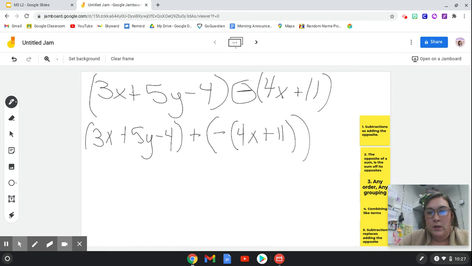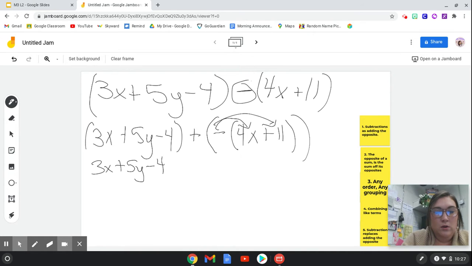Okay, so now that I have that, I have to go through and distribute my negative. And that is going to leave me with 3x plus 5y minus 4 plus negative 4x plus negative 11.